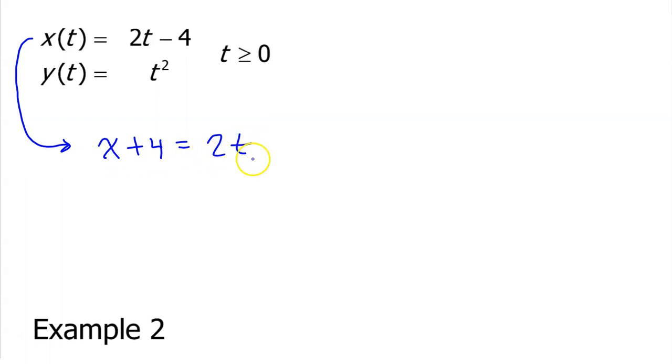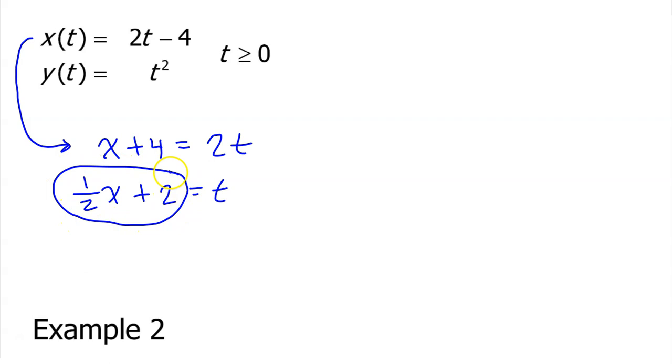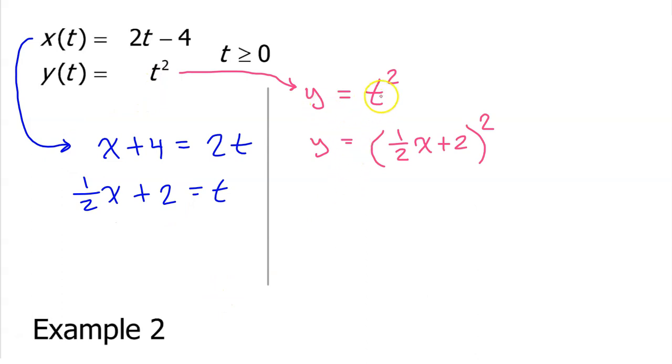Next, we divide both sides of the equation by 2. So that's going to be 1/2 x plus 2 is equal to t. Now we take this expression for t and substitute it into the other equation. So y equals t squared becomes (1/2 x plus 2) squared.